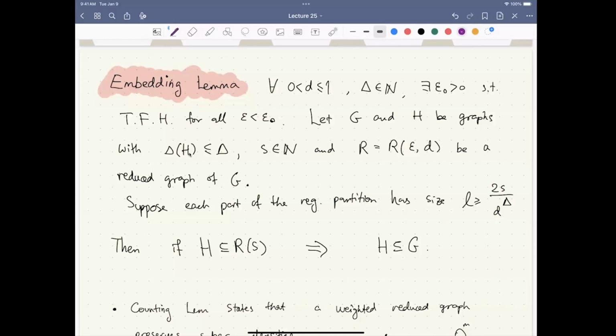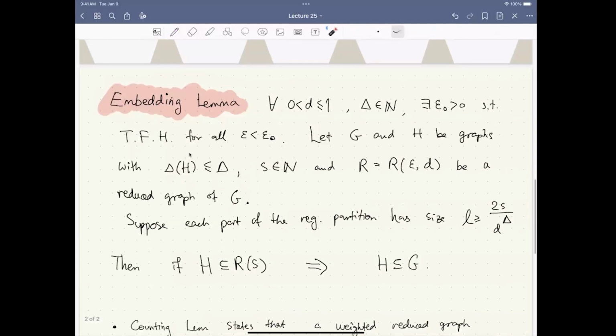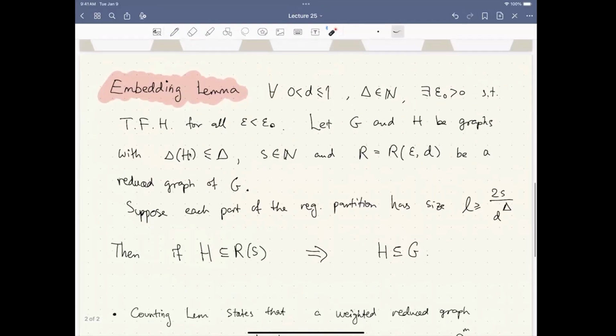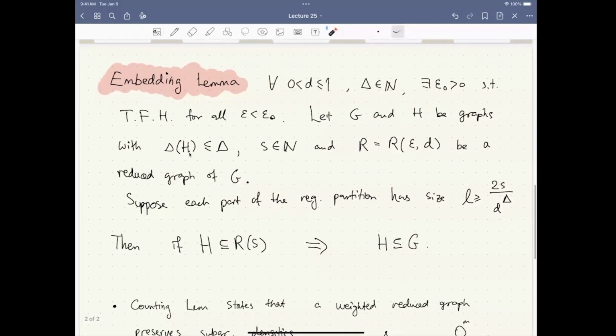For example, most of the vertices, the typical vertices, have the correct degree to the other side of the pair. The embedding lemma, one of the key lemmas associated with the regularity lemma, so recall the definition of the reduced graph. Basically, when you have these clusters from the partition of G, you shrink the clusters down to a single vertex.